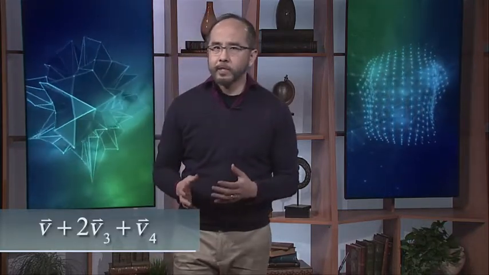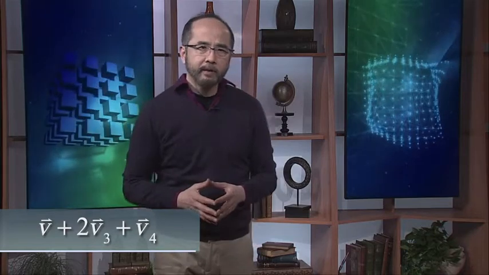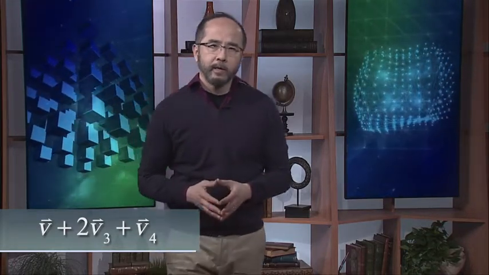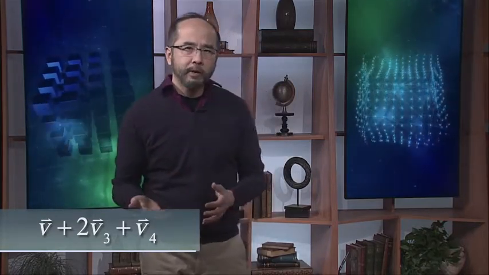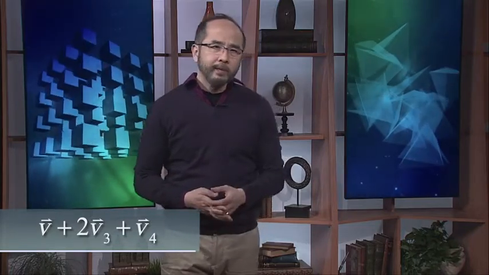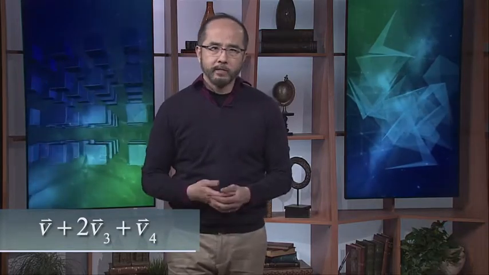Now you might be tempted to express this as v plus 2 times v3 plus v4. But we should notice another thing, that 2 times v3 means to add v3 twice. But that's the same as doing nothing, because you're just toggling some collection of lights associated with button 3 twice in a row, which is the same as doing nothing. So this is the same as v plus v4.